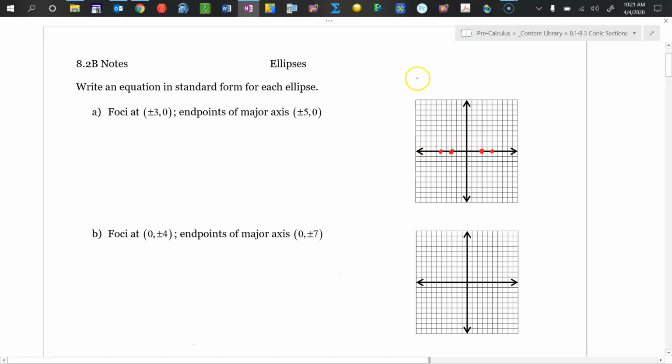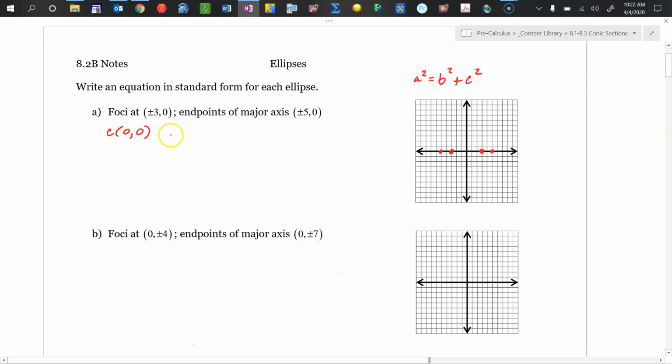And if you remember, a squared is equal to b squared plus c squared, and a is the distance from the center to the endpoint of the major axis, b is the distance from the center to the endpoint of the minor axis, and c is the distance from the center to the focal point. So based on this information, and this is where graphing is helpful, we know that we have a center at 0, 0.